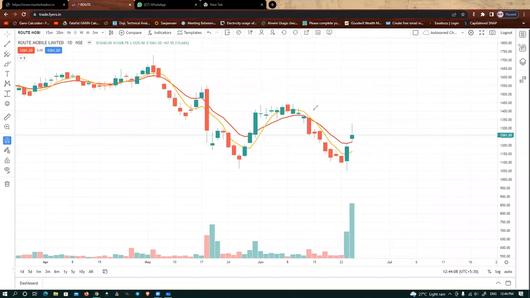You can see yellow is 5 days, red is 10 days. Where did the price close below this yellow? Here. Here.